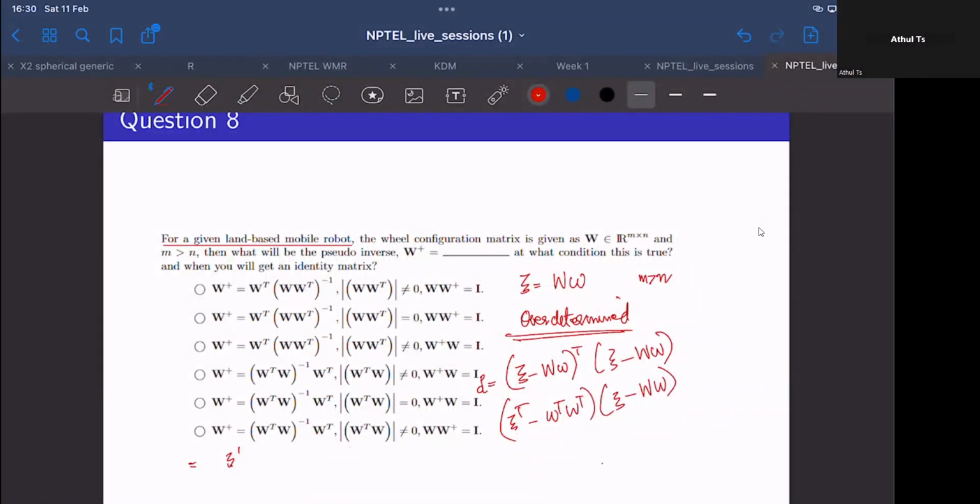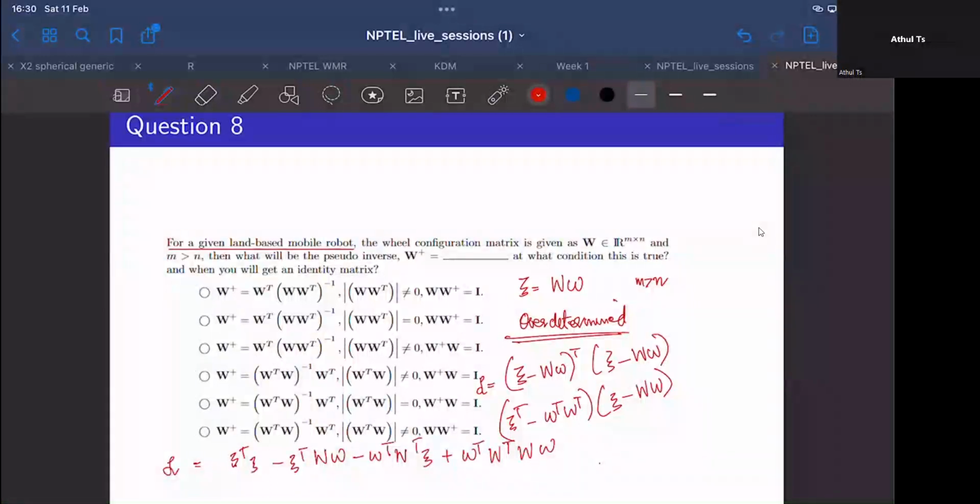This would be our L, the Lagrangian function. So if you want to find the value that will make the least square error minimal, we need to differentiate this Lagrangian, dL by d omega. We should make this 0 and find out what value would minimize the least square error.